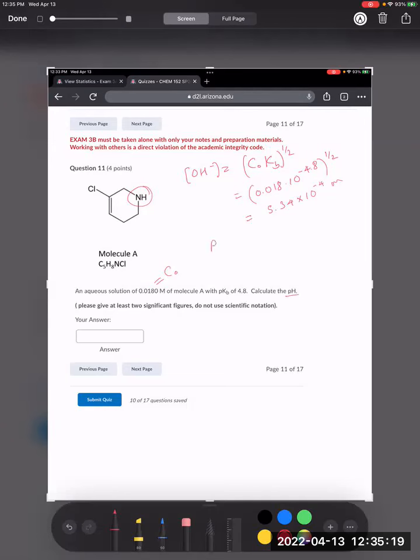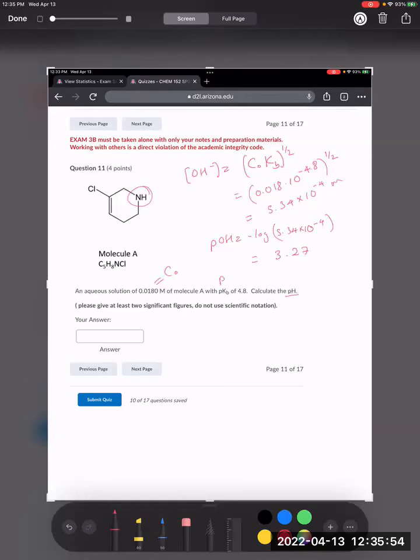With this, we can calculate pOH, which is minus log OH minus concentration. If you do that, you get 3.27, which we can call 3.3.